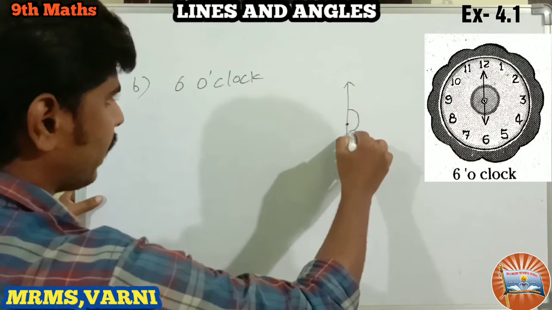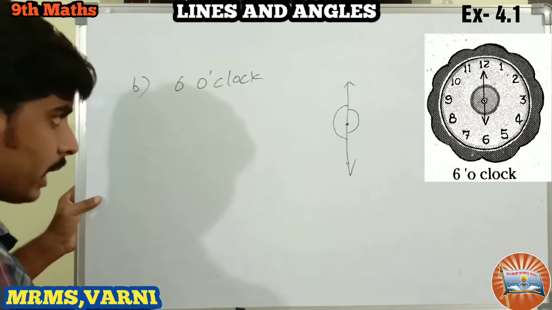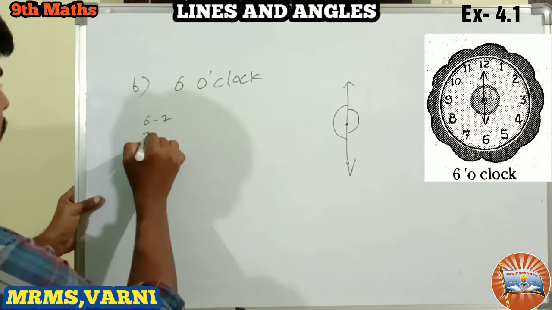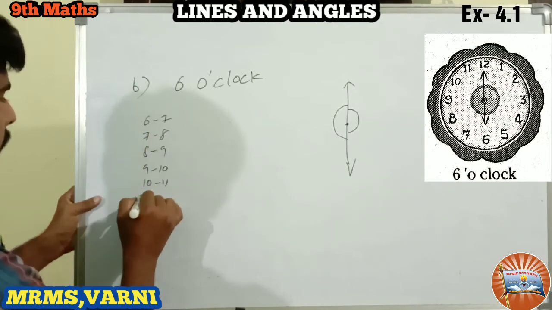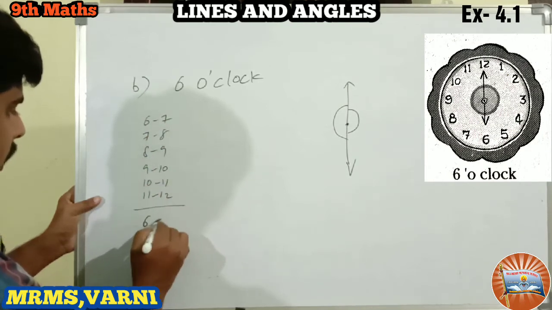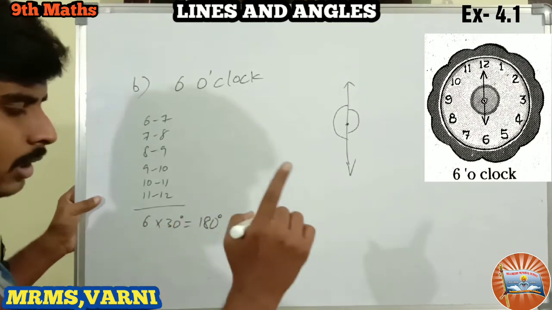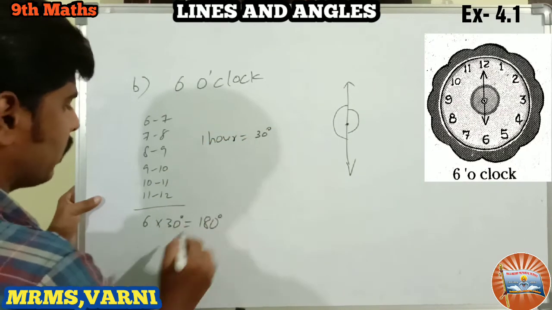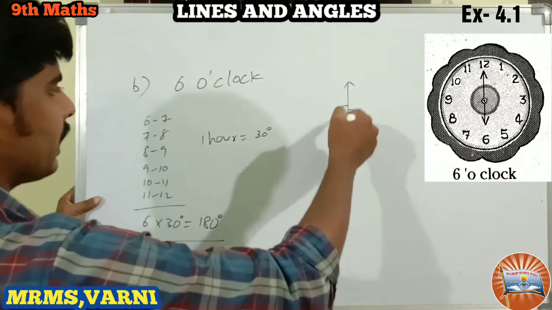If you measure in this direction or that direction, both cases give the same answer. 6 to 7, 7 to 8, 8 to 9, 9 to 10, 10 to 11, 11 to 12, that is 6 hours. Each 1 hour is 30 degrees, so 6 into 30 gives 180 degrees.